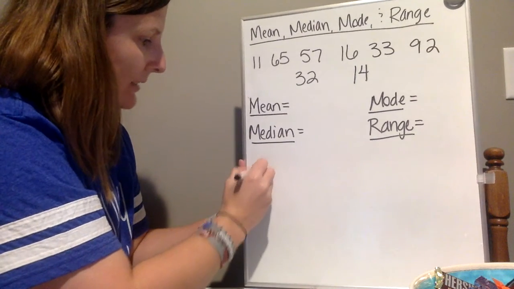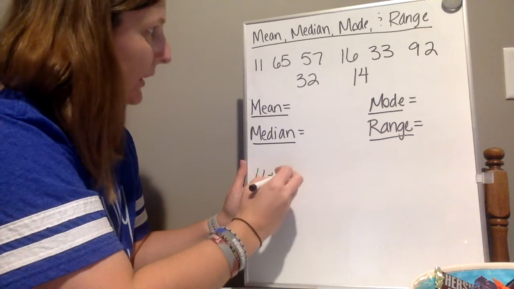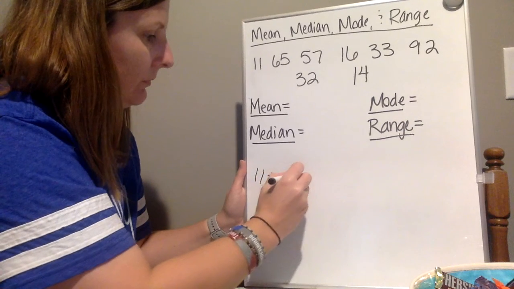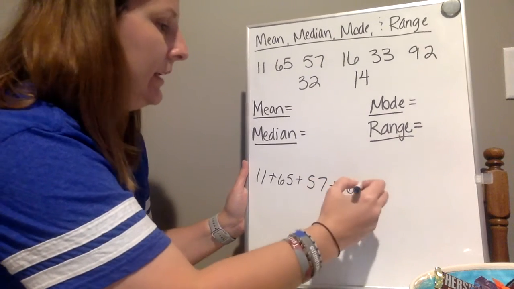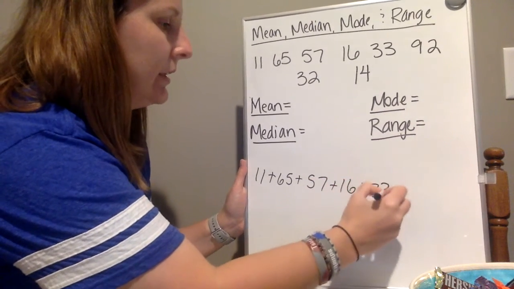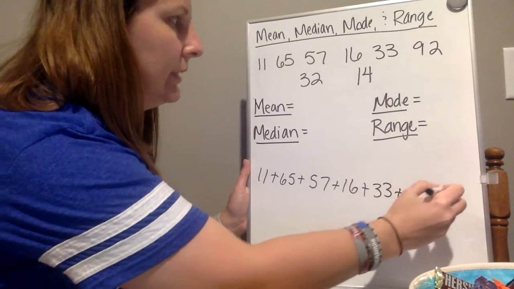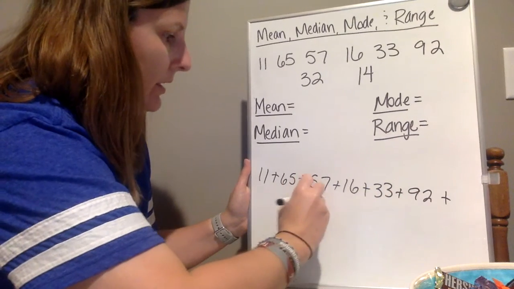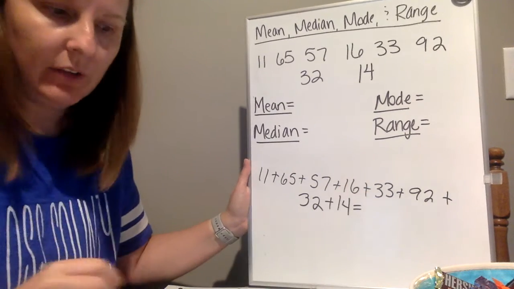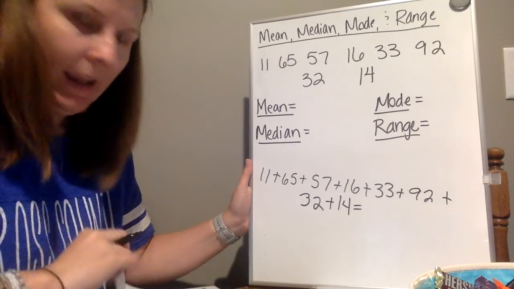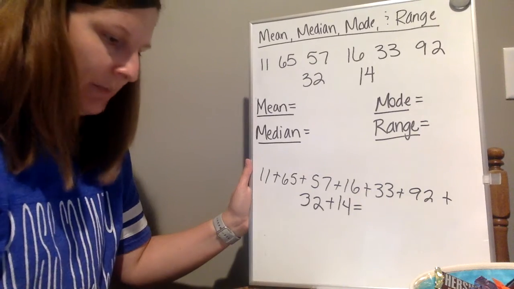So for mean, we do 11 plus 65 plus 57 plus 16 plus 33 plus 92 plus 32 plus 14. We're going to add all of those numbers together, and I cheated and did it ahead of time, so I already have that done.